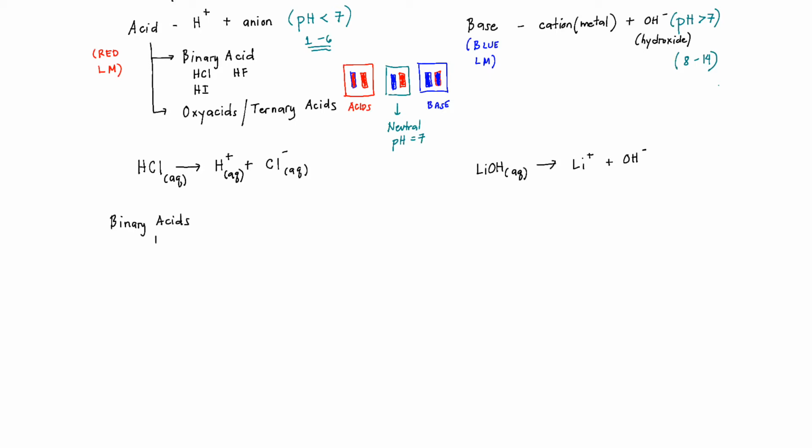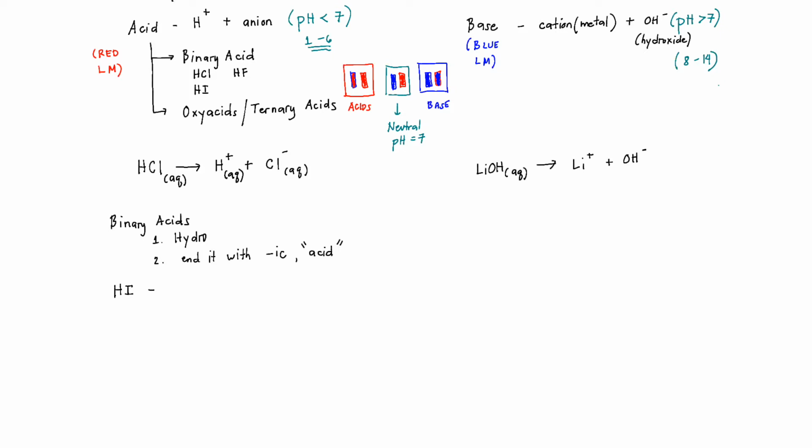So number one, always put the word hydro and then end it with ic, and then say the word acid. So let's say, for example, we have HI.